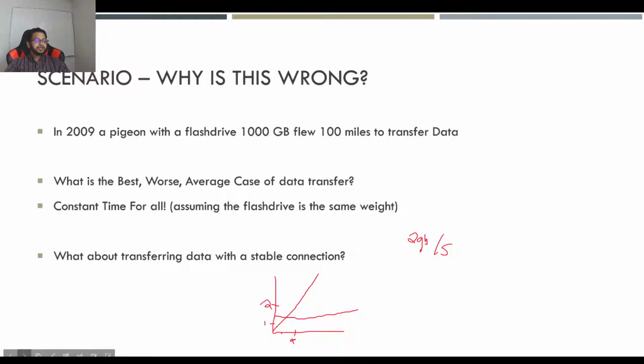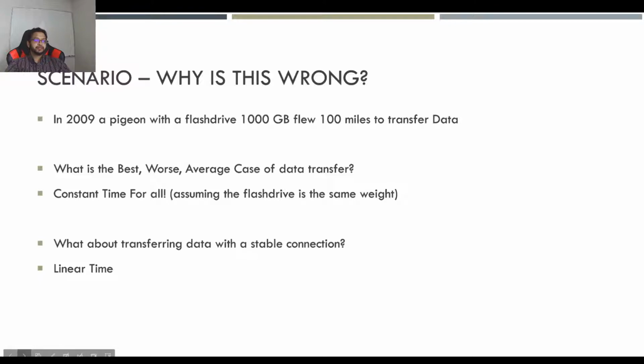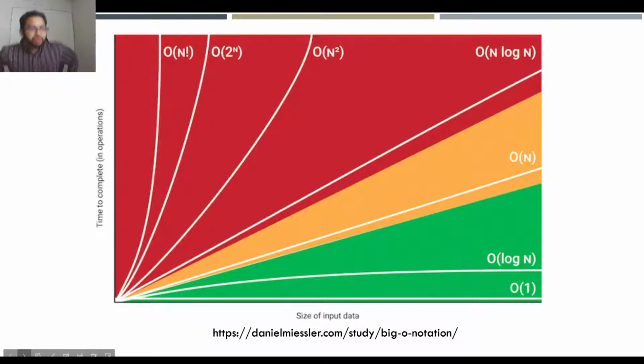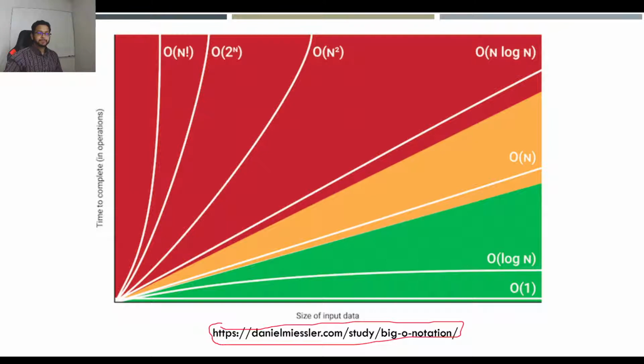So instead of talking about pigeons and all this fun stuff, let's go a little more into detail. There was a good website, I recommend checking it out, that had this picture of big O notation. Now, there are different types of big O notation for O of 1, log n, and so on and so forth.